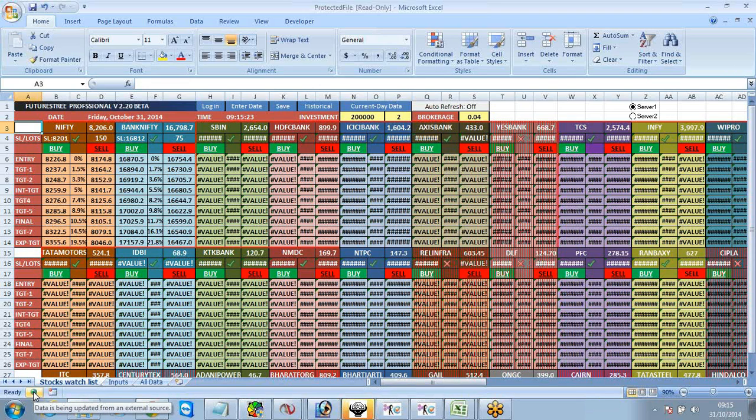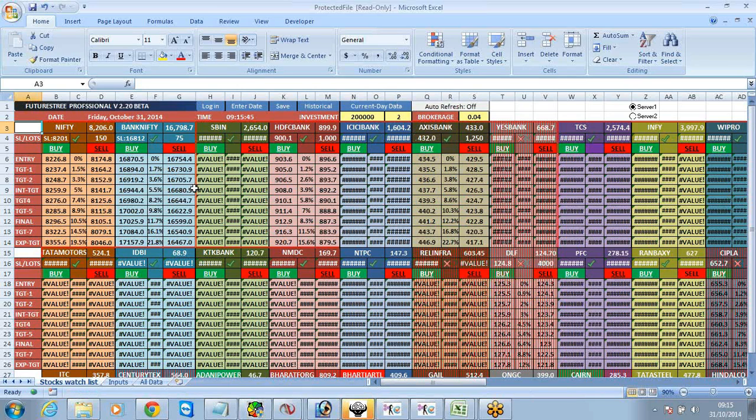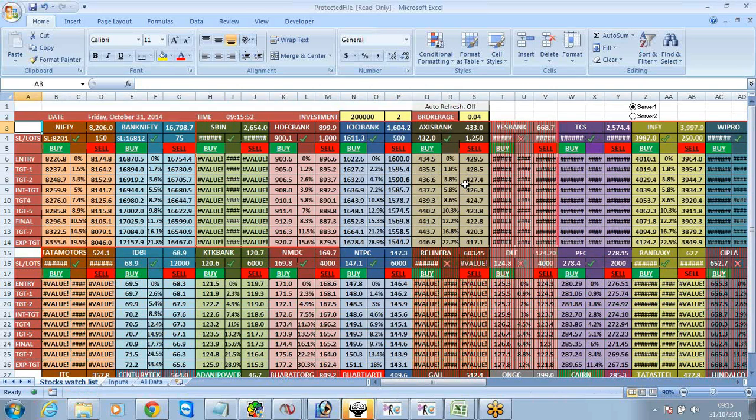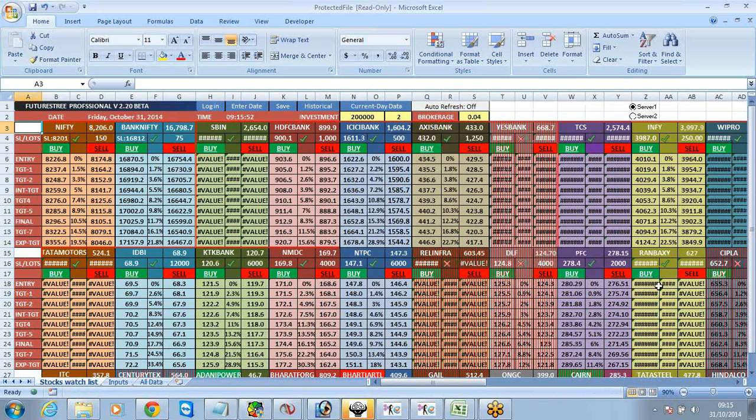So we'll just wait till the data is updated, and then we can click on this auto refresh on button, and then we'll be getting the prices for most of the scripts. Like we have the prices for Nifty, Bank Nifty, HDFC, Axis, Infosys. So once we have the prices, then we can actually start placing the trades also.